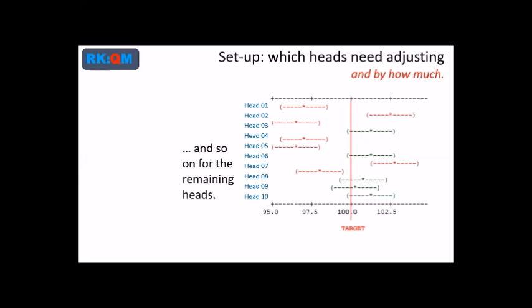Had we used a procedure where adjustment was based on a single result, there would have been both over and under adjustment and no improvement at all from that initial point.